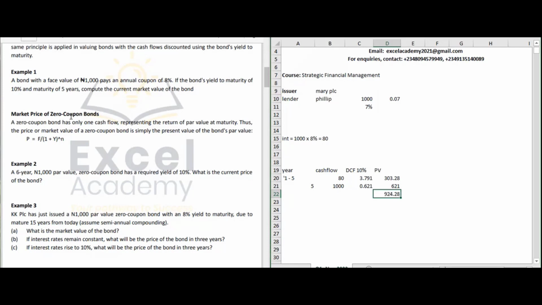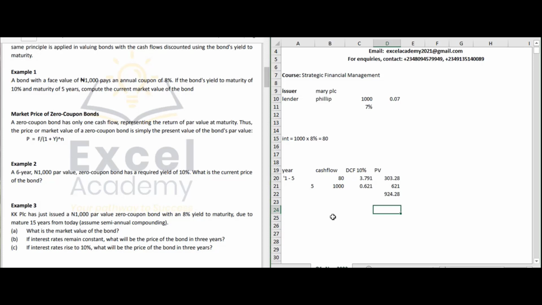Now, the market price of a 0 coupon bond. If it were a 0 coupon bond, if you remember, I said a 0 coupon bond does not pay interest. So essentially, what you are getting is how much you are paying in the beginning, and we are comparing it to how much you are getting at the end, which is the par value.